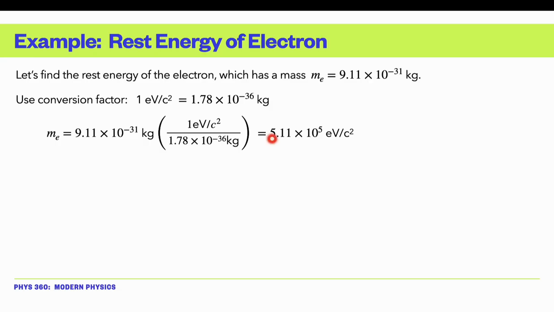When you do that, you get 5.11 times 10 to the 5th electron volts per c squared. Let's convert that into MeVs. That's 0.511 MeV per c squared. And this is a very common way of expressing the mass, like in atomic and particle physics.